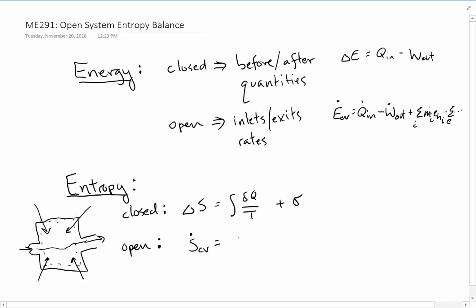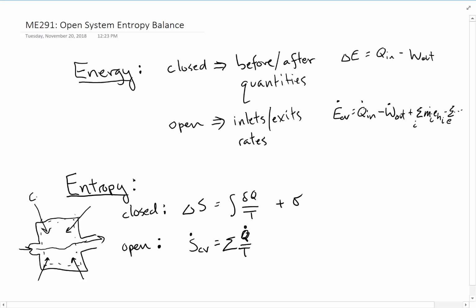Instead of doing an integral of dq over T, we're going to sum every heat transfer divided by the temperature at which that heat transfer occurs. But since we're looking at rates, we're going to change it to a rate. So as we start doing entropy accounting and looking at what the rate of entropy change is inside the box, the first way that we can change the entropy inside the box is through heat transfer. And we're going to break that integral up into pieces everywhere that heat transfer is occurring.